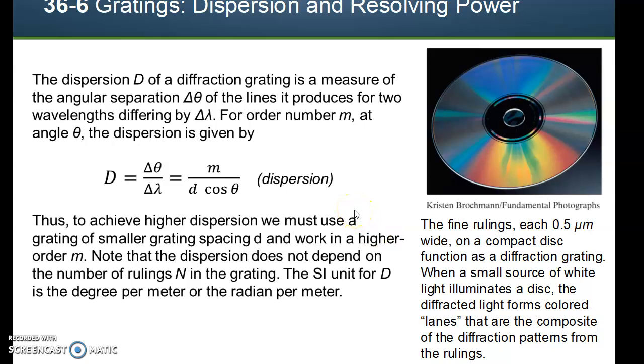Here we're talking about gratings, dispersion, resolving power. This has a lot of applications because each of the fine rulings here is 0.5 microns wide on a compact disc, and it serves as a diffraction grating. What you're doing is illuminating light on that, and you have colored lanes that are a composite of the diffraction patterns from the rulings.